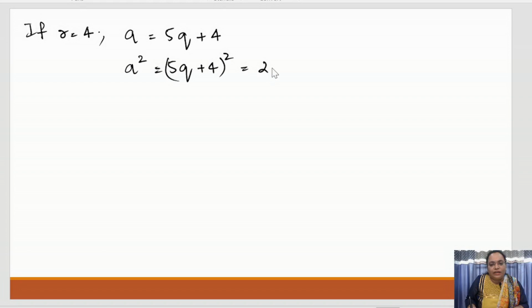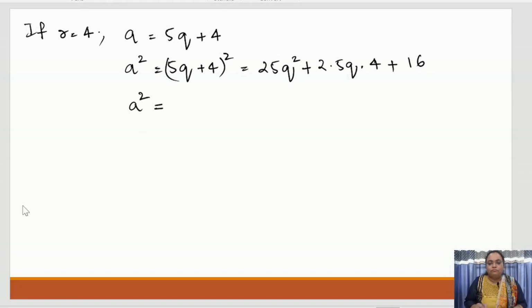You will get 25q² + 2 × 5q × 4 + 4², which is 16. So a² = 25q² + 8 × 5q + 16, and 16 I can write as 15 + 1.